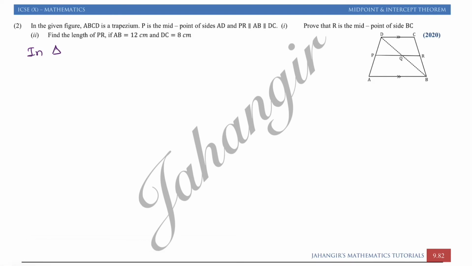In triangle ADB, P is the midpoint of AD and PQ is parallel to AB, as given.